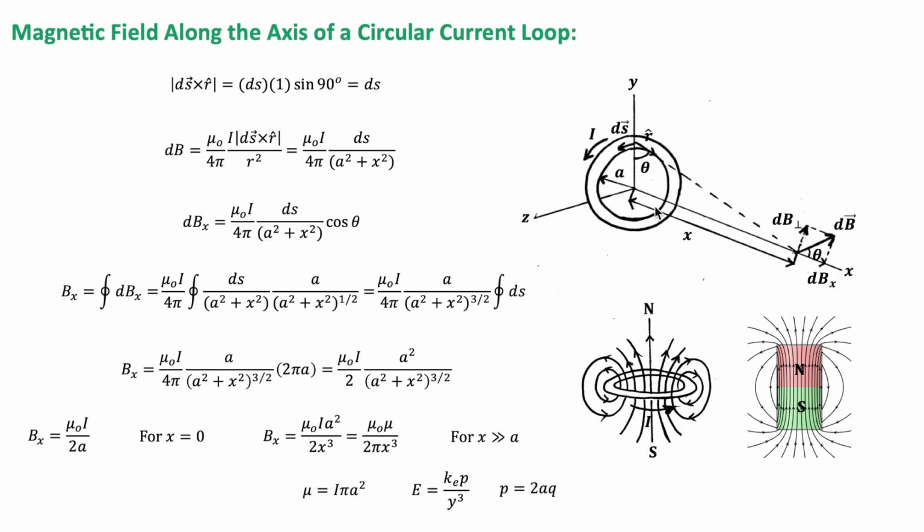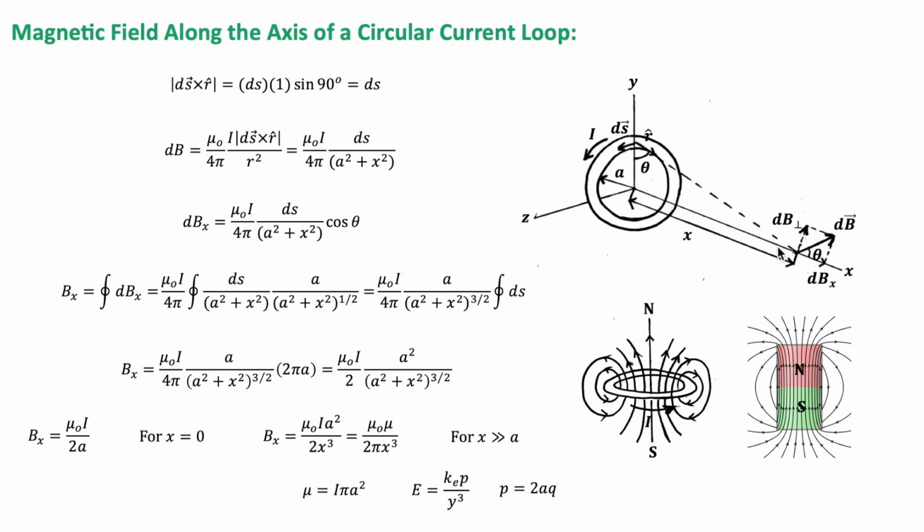The magnetic field dB due to a current element ds is shown here. This magnetic field dB can be resolved into two components, dBx and dB perpendicular, okay?